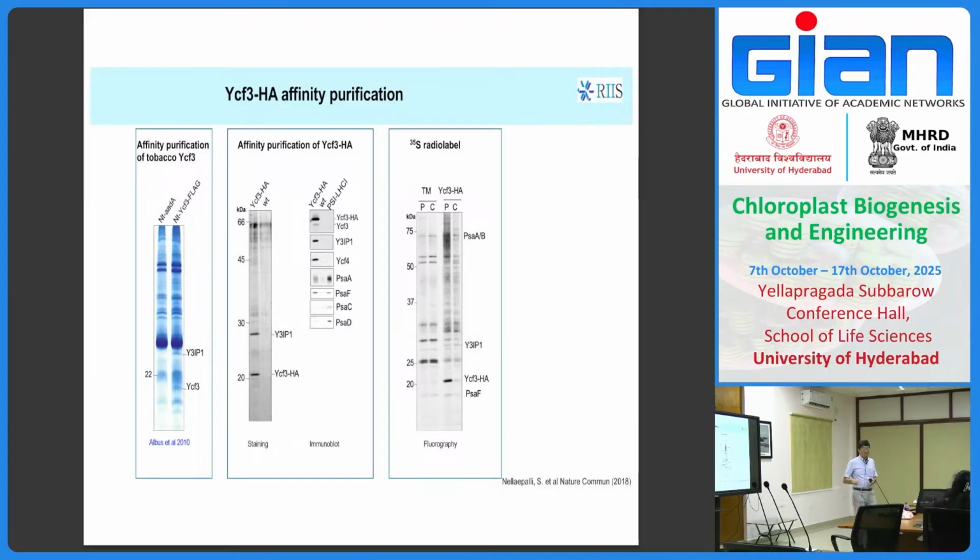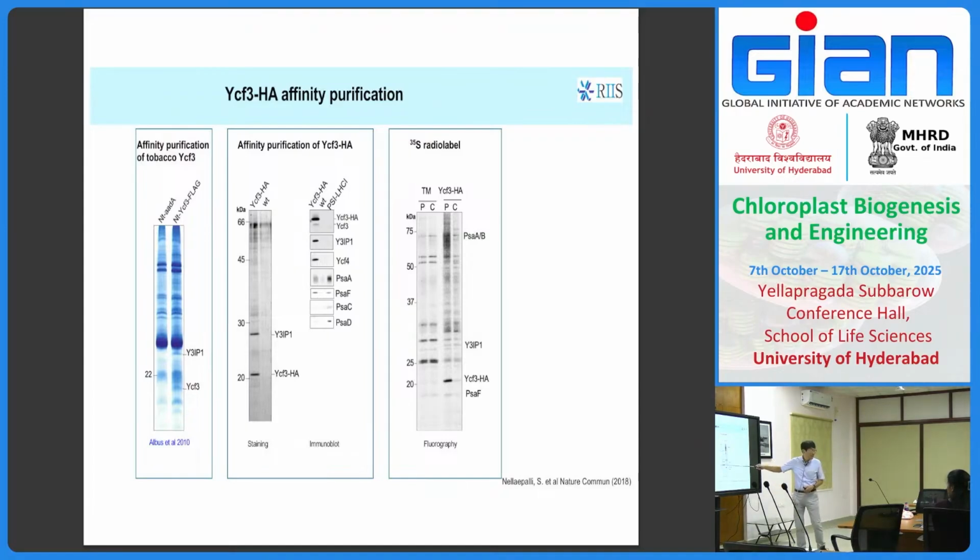That's why this protein YCF3 acts in a post-translational event of PS1 synthesis. Okay, this is the way. We used the same strategy to analyze other factors. This is important. So if you understand this, you can easily understand the following experiments. Okay, so just look at this polypeptide pattern.